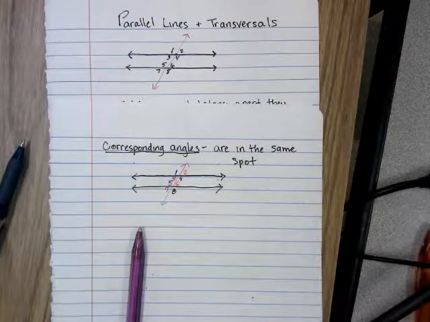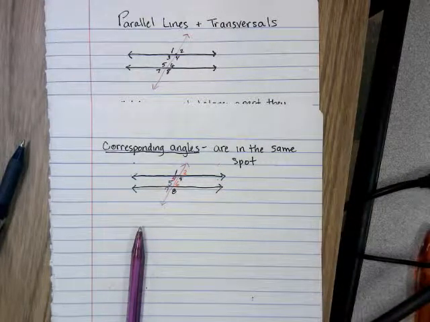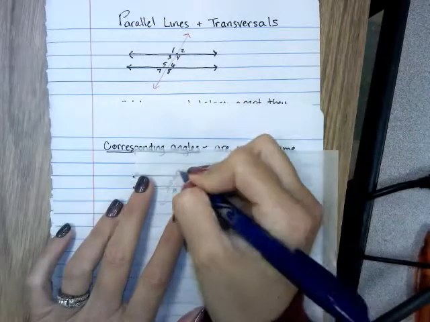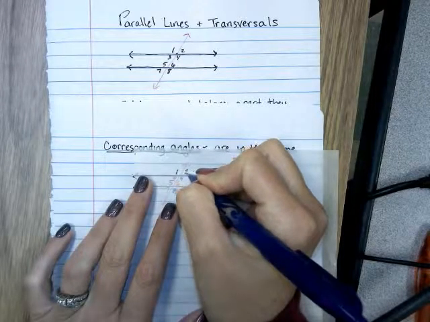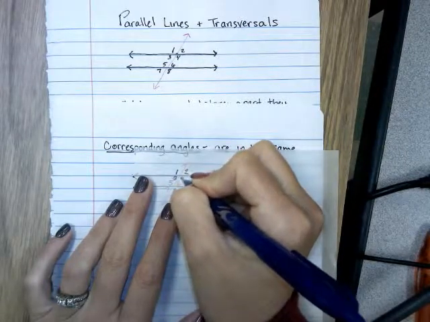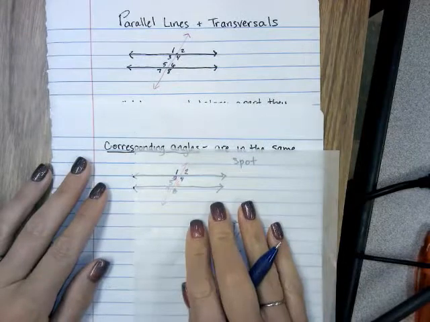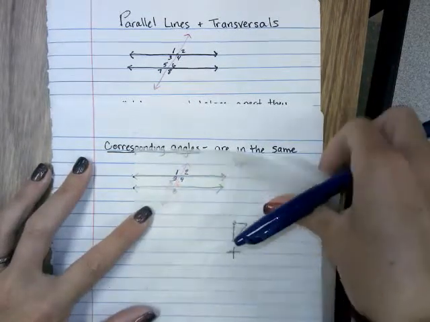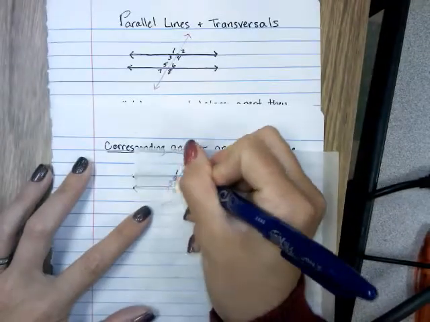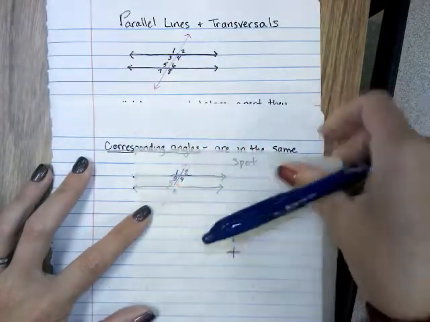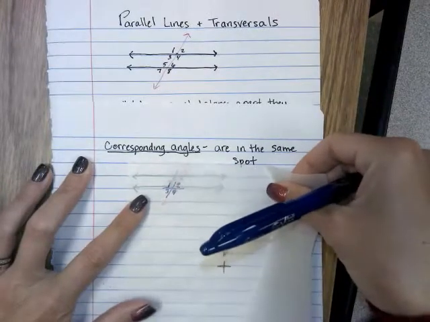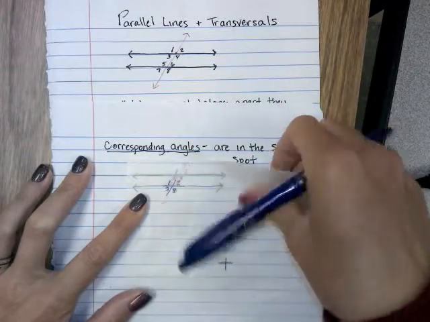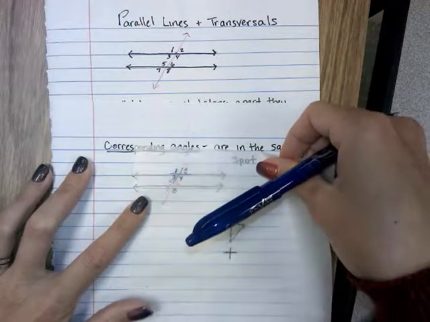But if I were to take a piece of patty paper and I were to trace my angles, 1, 2, 3, 4, and I were to slide them down on top of the second set of angles, I can see that they match up with the other 4 angles down below. 1, 2, 3, 4.